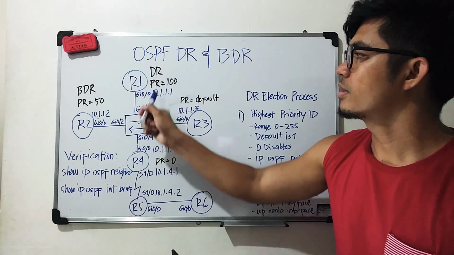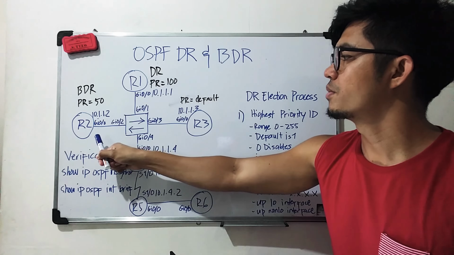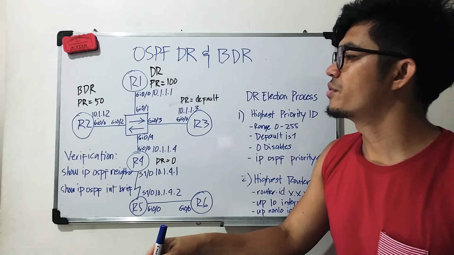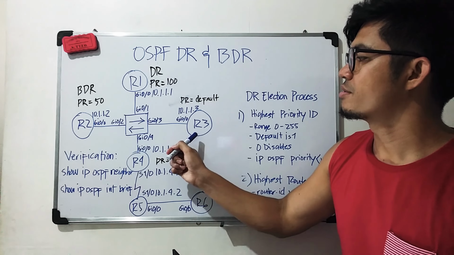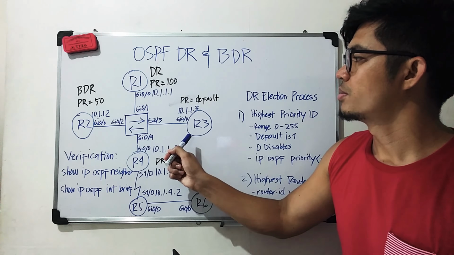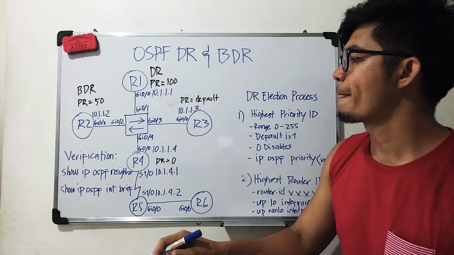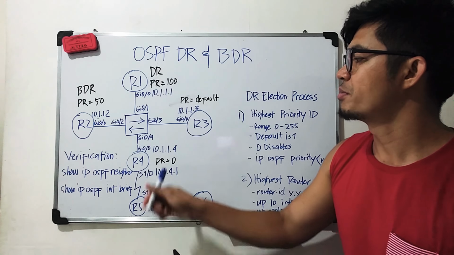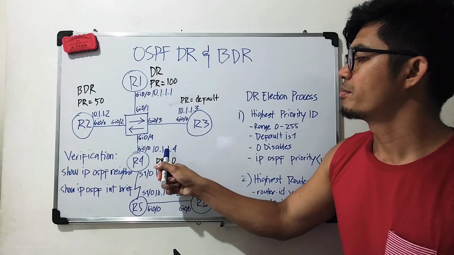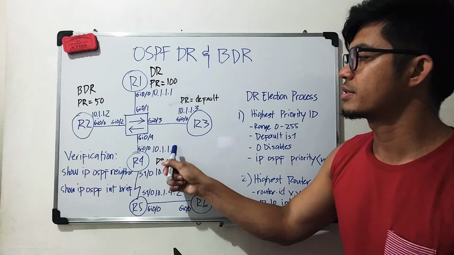And by the way, R1 and R2 will have full neighborship with R4 and R3, but R3 and R4 will not have a full neighbor relationship between each other because they are just DROther routers.